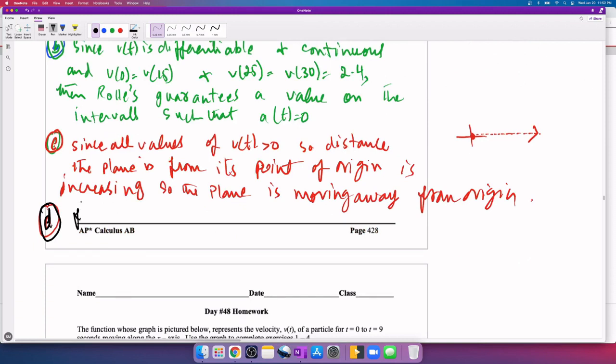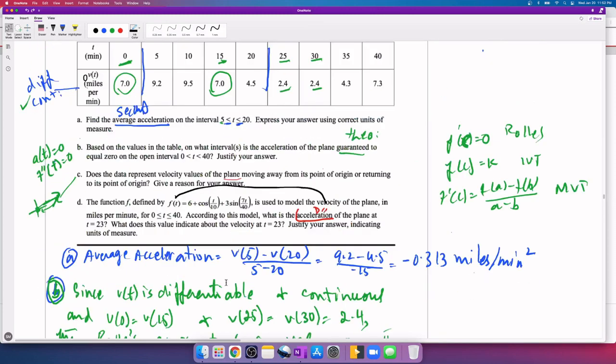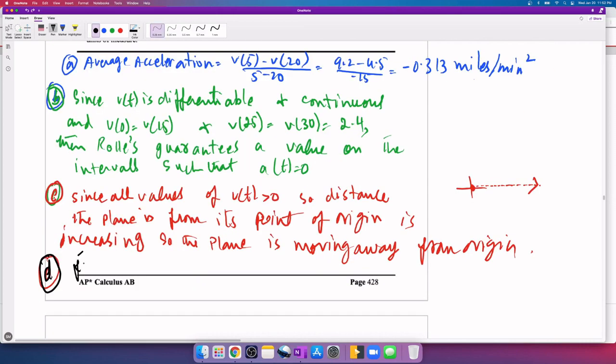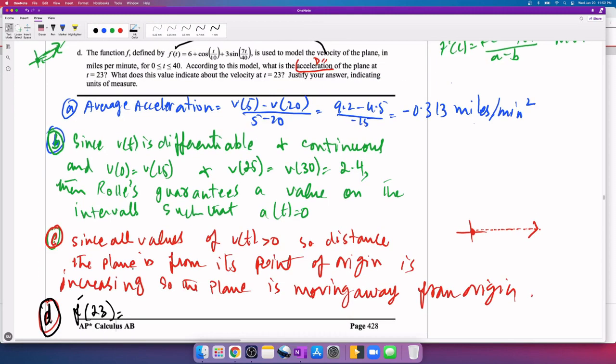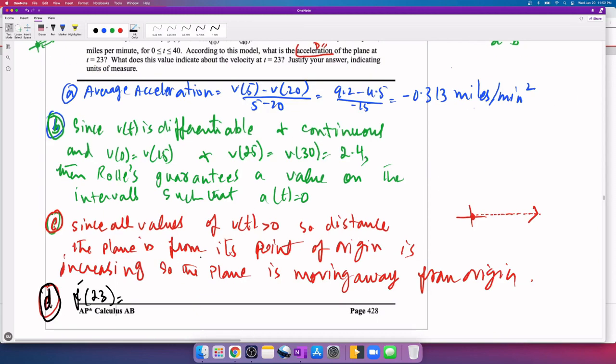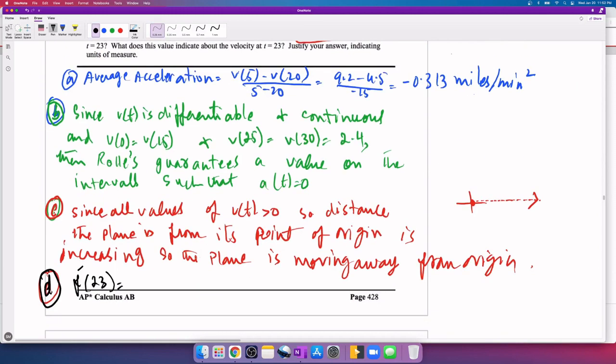So you are going to do f prime, that was 23, they're asking for f prime of 23. You are going to plug this function into the calculator, and the x value is going to be 23, and then it will give you the answer.